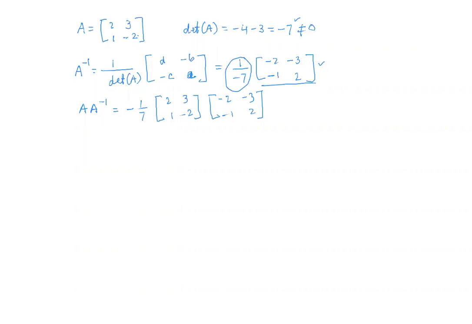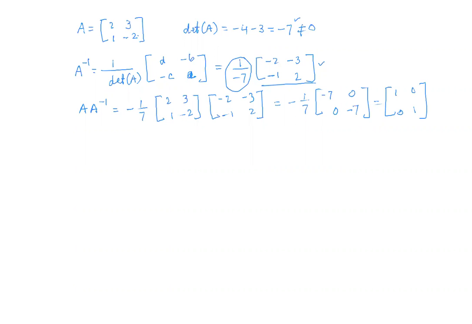And then if you do the matrix multiplication, 2 times -2 is -4, plus 3 times -1 is -3. So it's going to be -7, 0, 0, -7. If you multiply it out, it's going to give you 1, 0, 0, 1.